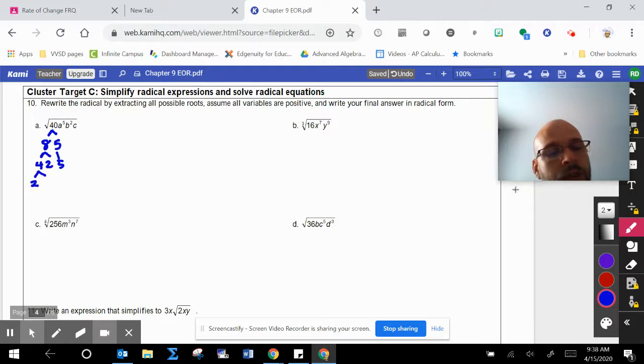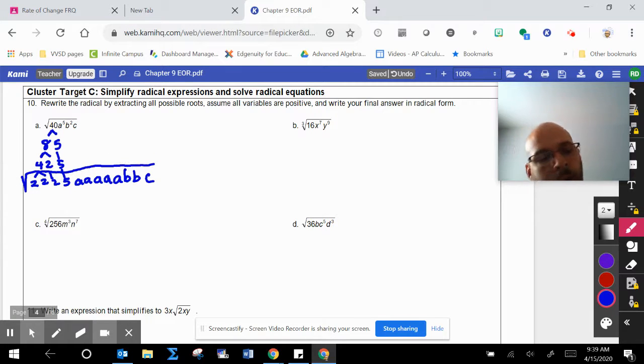I know 4 is 2, 2, and a 5. So if I break down that 40, I have 3 2s and a 5. And I also have 5 A's, 1, 2, 3, 4, 5, 2 B's, and a C. Okay, and that is all inside my square root.